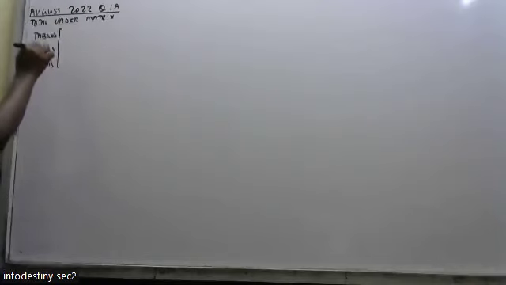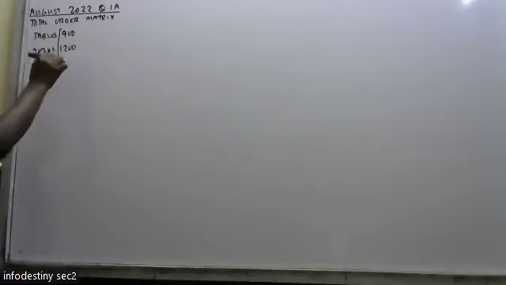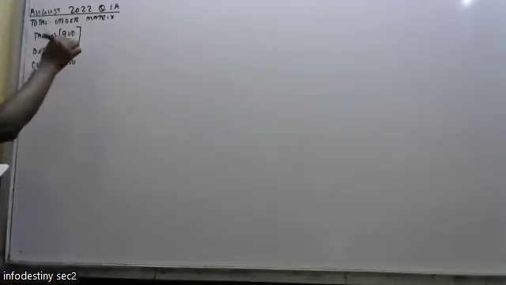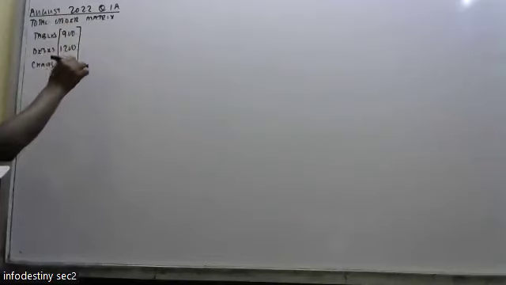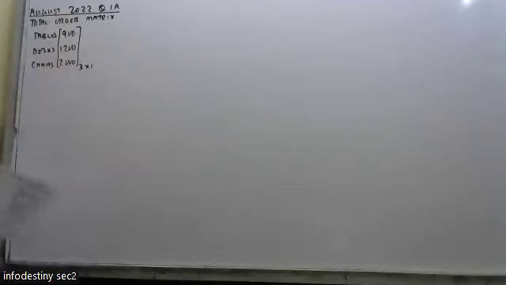This is 900, this is 1200 and this is 2000. Now this is a 3 by 1.